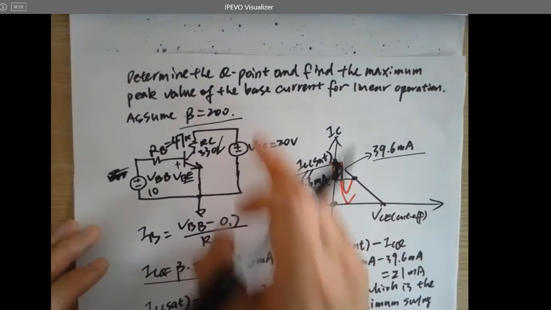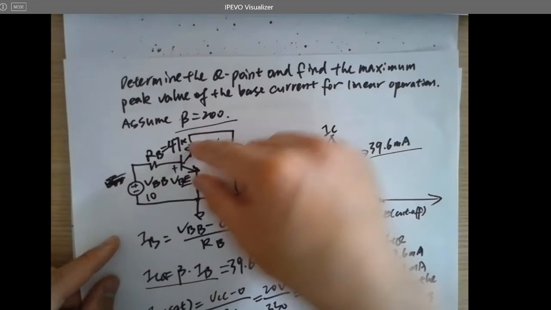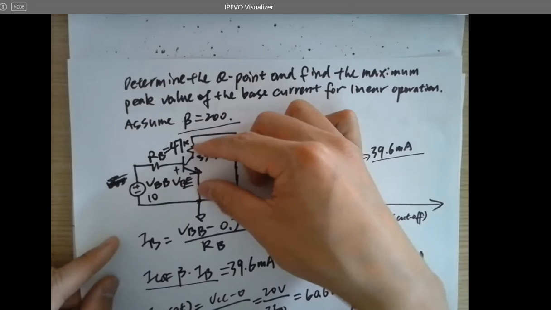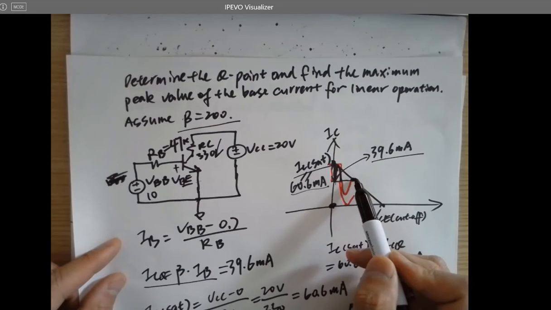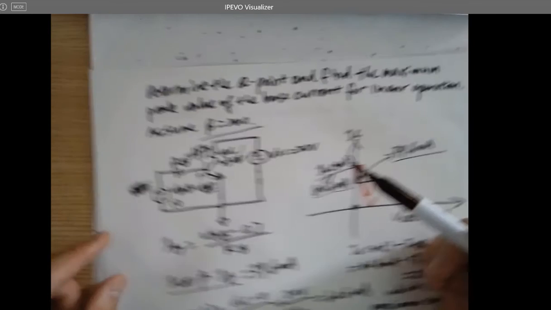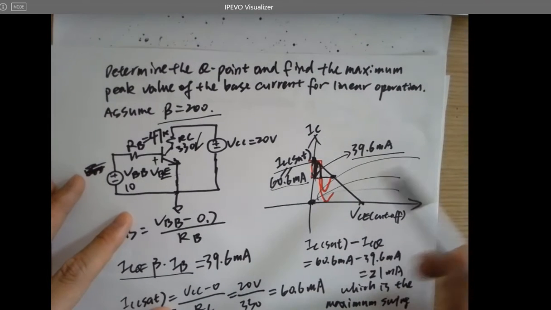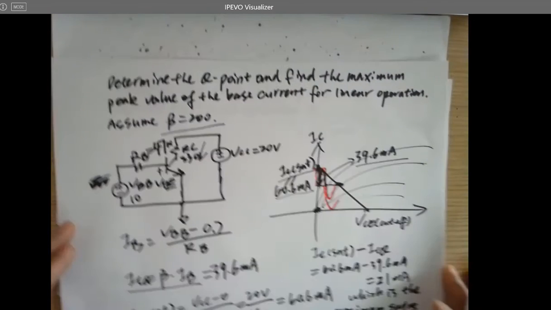But whenever it's asking for a Q point, you just calculate all of these values, IB, IC, VCE, so you know where it is being biased. You get all these curves, so it's being biased over here.